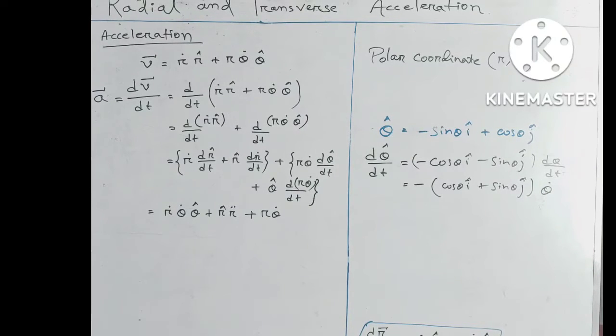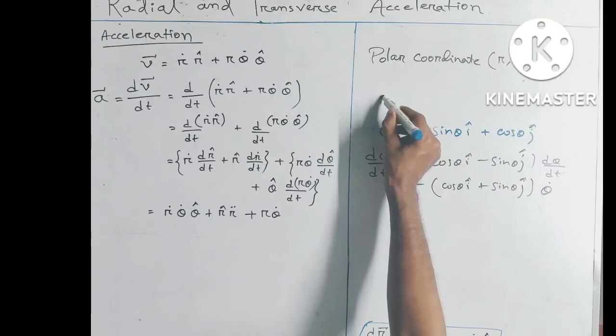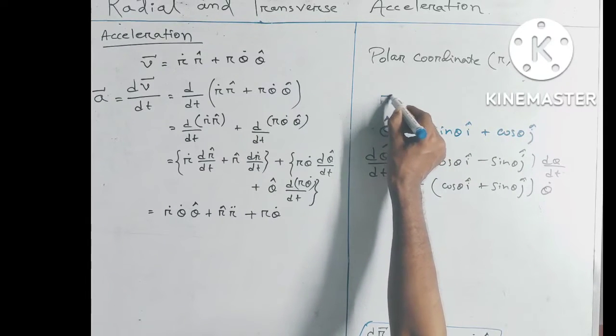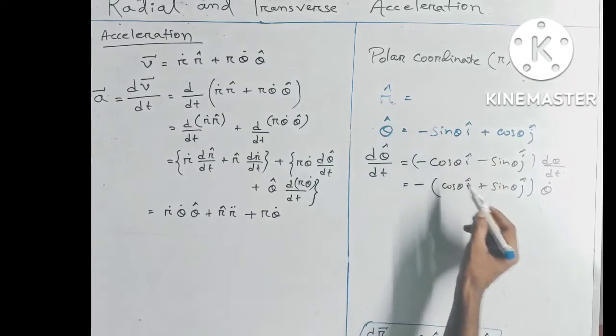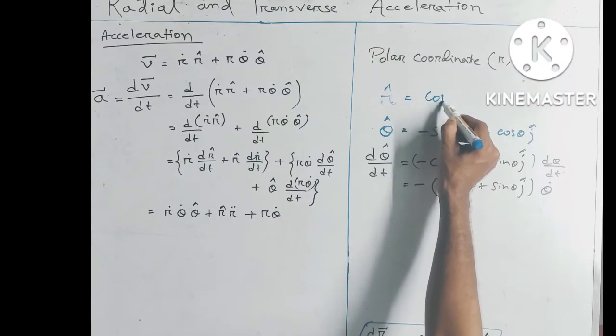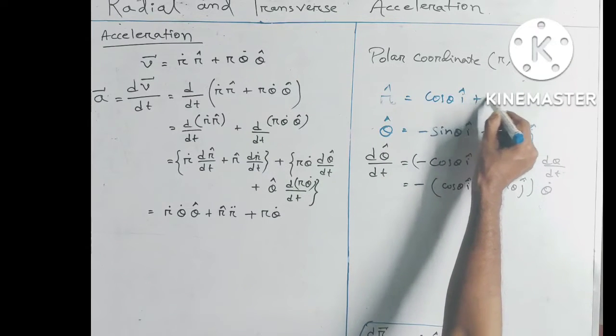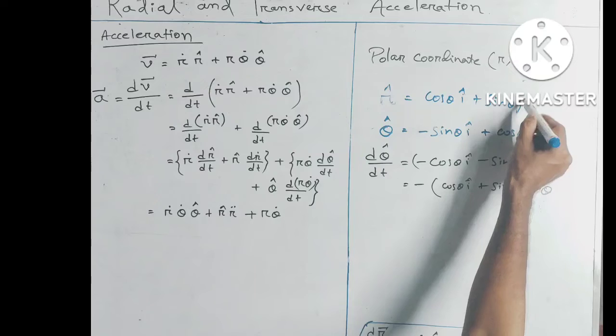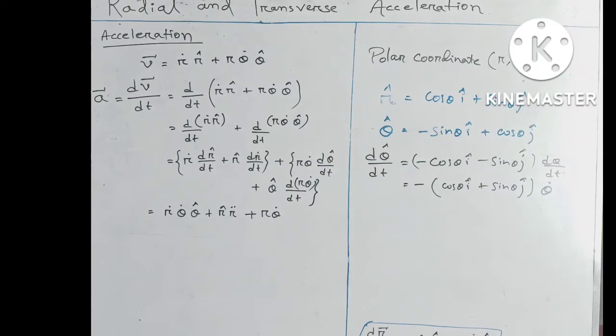Now what was r cap? r cap was cos theta i cap plus sin theta j cap.